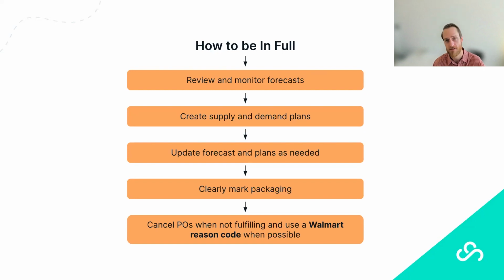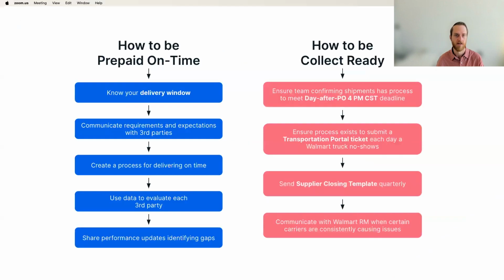Some of those cancellation reasons, Walmart will accept the accountability for and will not hold you accountable for those canceled cases, and you won't get fined for them. So whenever possible, you want to use a Walmart reason code to avoid the accountability and avoid the fine. We'll talk about those a little later.